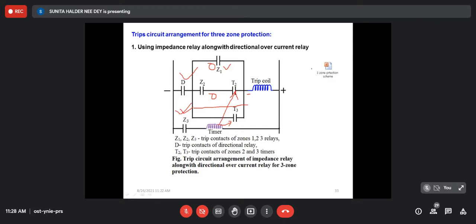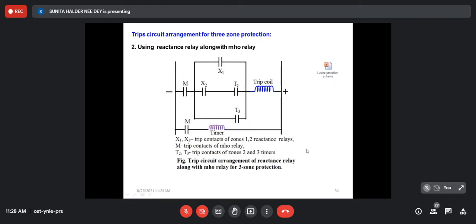So in this way, we can set different types of trip circuit depending on the different types of relay available. Now, if we have only one mho relay and two reactance relays, then we can give the same type of protection. The same mho relay contact we can use for the directional property for the reactance relays in zone 1 and zone 2, and the third relay to operate the timer, and these four things are the same.